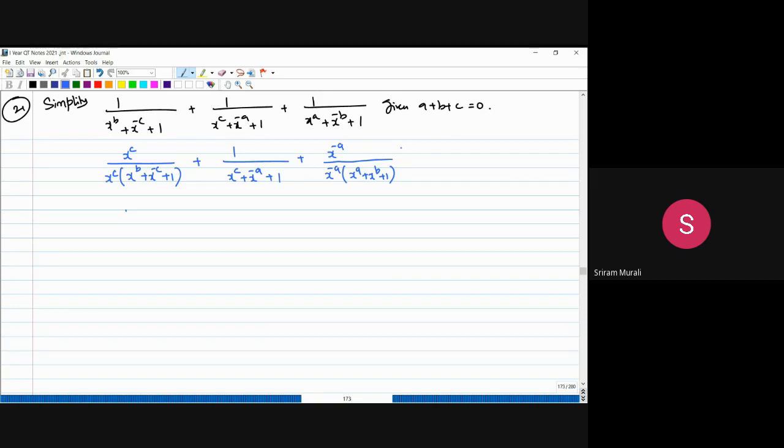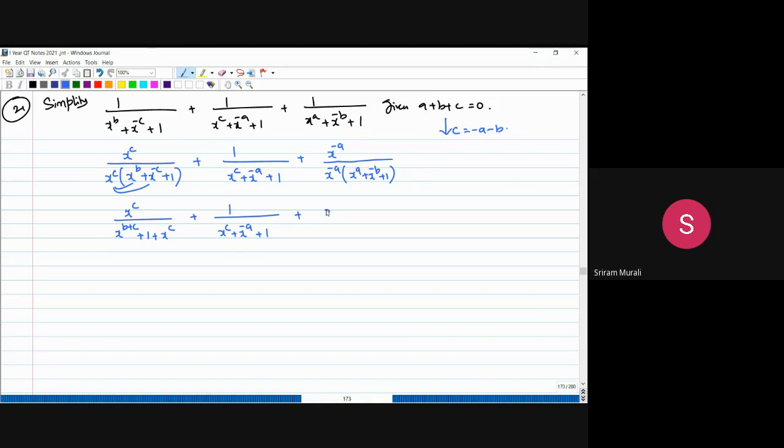Next step, what I did here. Now, this is x power C divided by x power B plus C. This is plus 1 if you multiply. This is x power C. What about this term? 1 by x power C plus x power minus A plus 1.